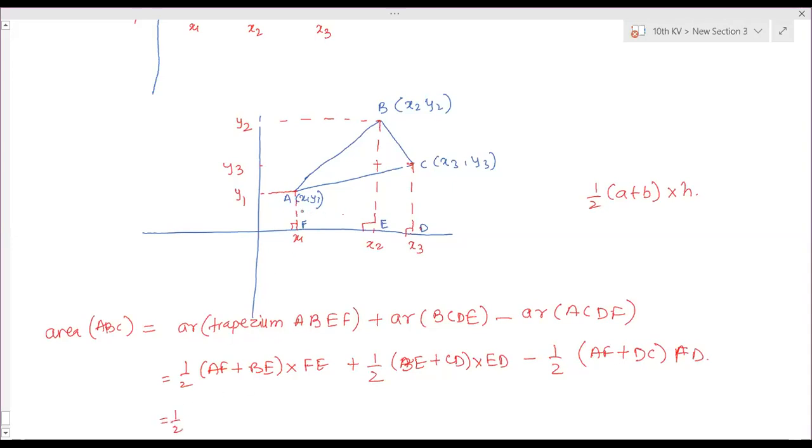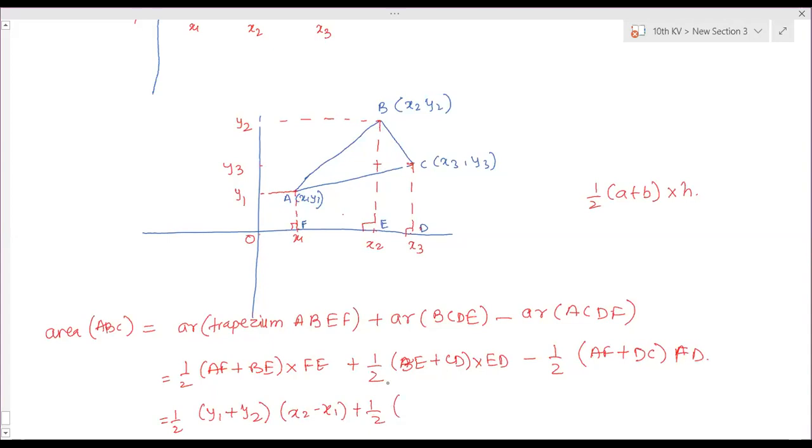Half into what is AF? A to F is, this is 0, Y1, plus what is BE, that is Y2, into FE. What is FE? F to E distance is X2 minus X1.